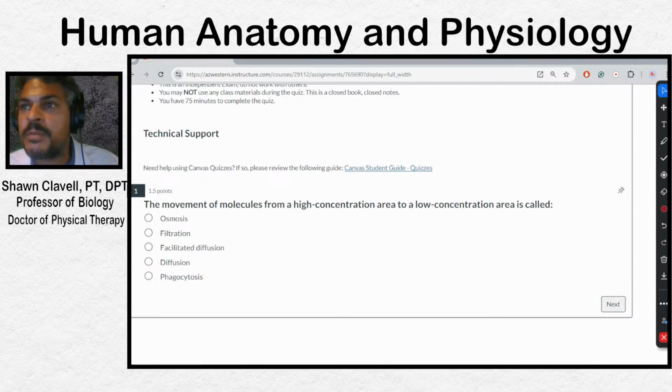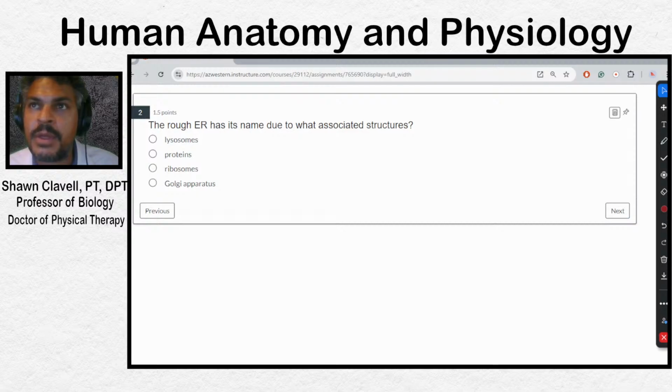The movement of molecules from a high concentration area to a low concentration area. Which one of those is associated with that? The rough endoplasmic reticulum, named due to what associated structure primarily? What makes it rough, I guess?